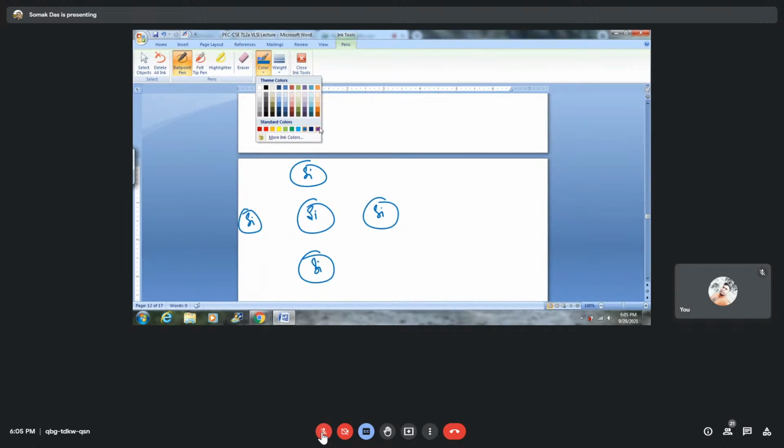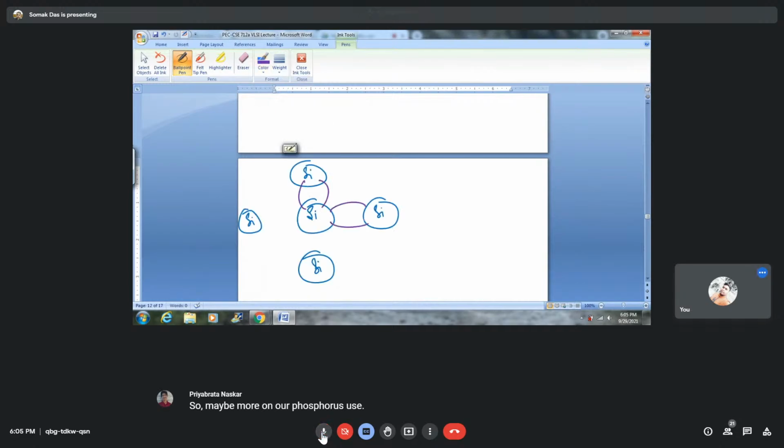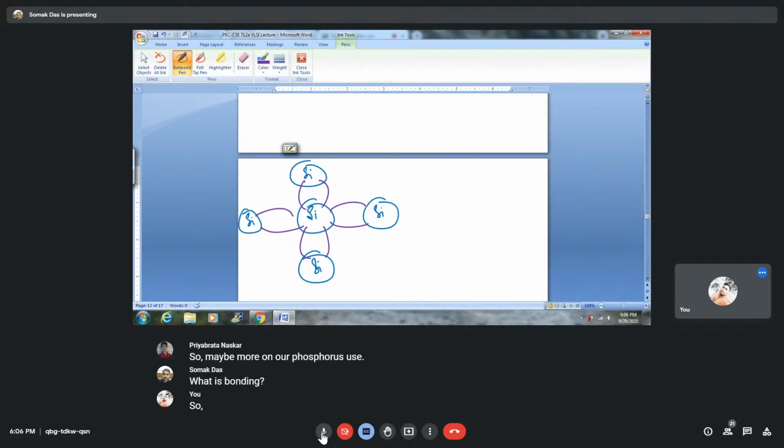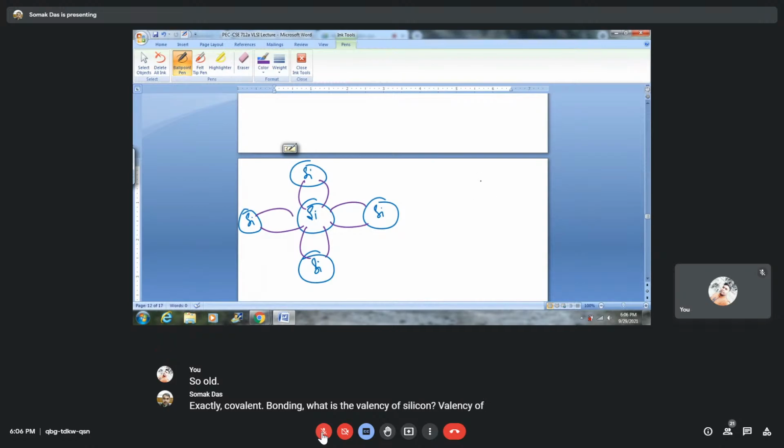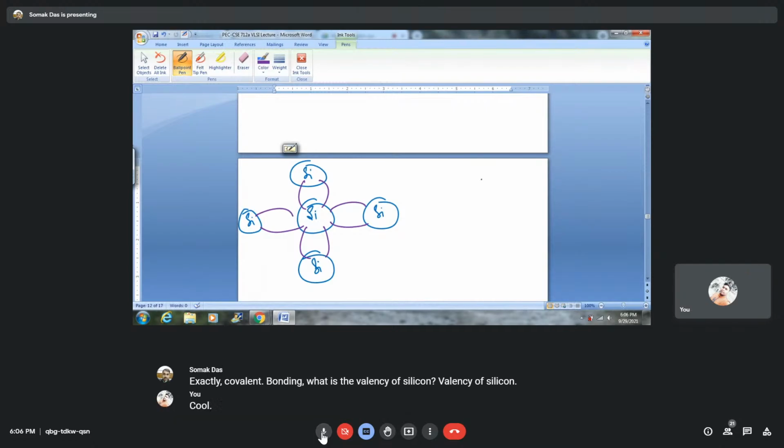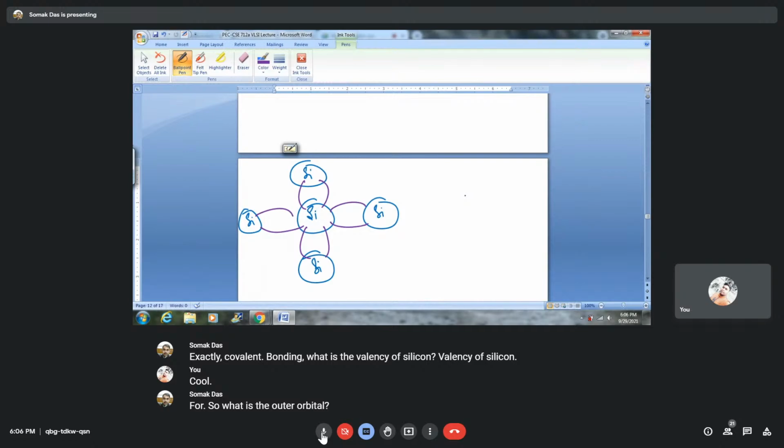So maybe boron or phosphorus is used for it. What is this bonding? Exactly, covalent bonding. What is the valency of silicon? 4. So what is the outer orbital electron number? 4. Exactly.